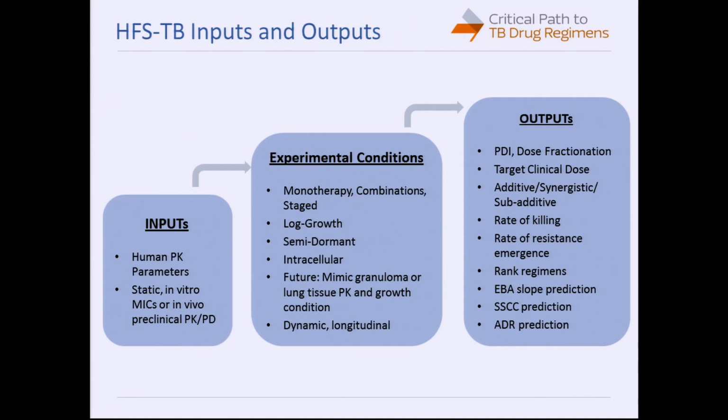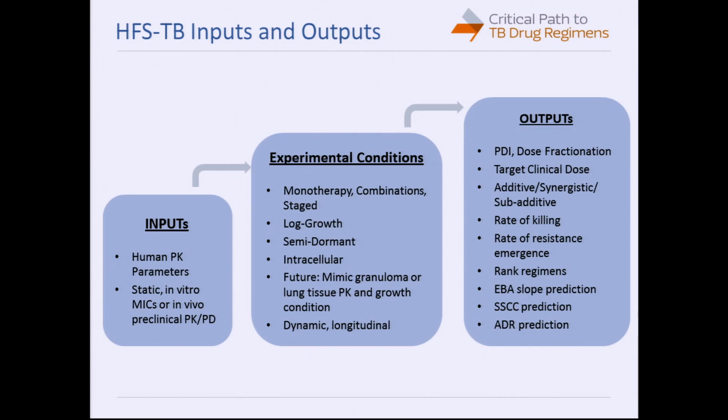We can look at these three metabolic states: log growth, semi-dormant, and intracellular, and we know from data already produced in this model and data you'll see here, it's really important sometimes to be able to look at all of these three growth phases, if you will, in order to really understand maximized efficacy of drugs or drug regimens.